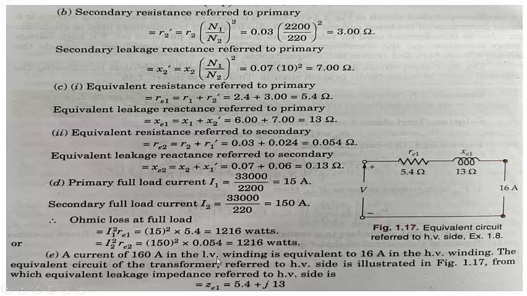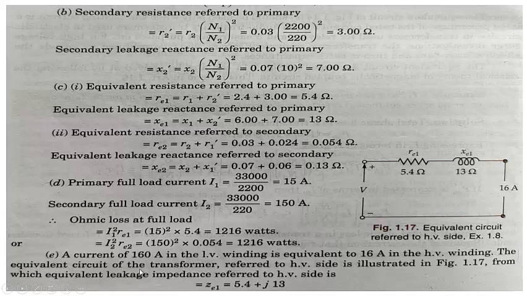If 160 amperes in the low voltage winding is equivalent to 16 amperes in the high voltage winding, you can do that as well, using 160 amperes with 0.054 plus j0.13 ohms. Since it is referred to the high voltage winding, it first converts that short circuit current on the high voltage side by the transformer ratio, it will be 16 amperes.